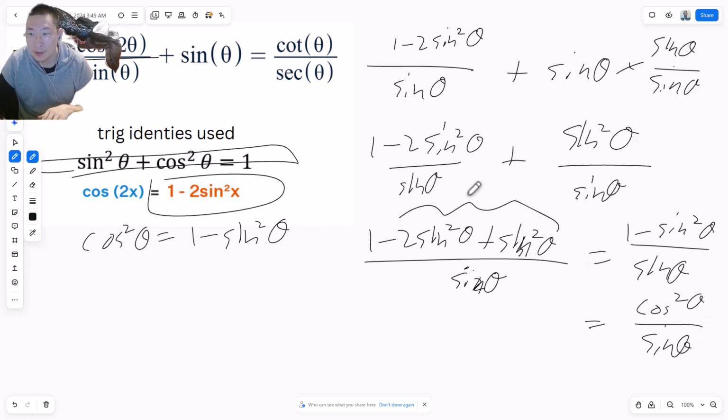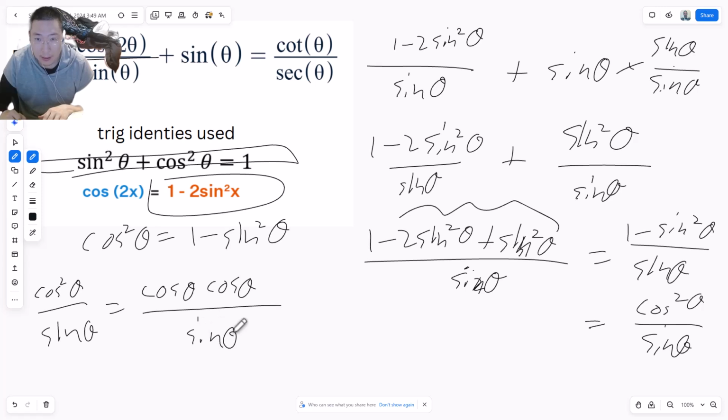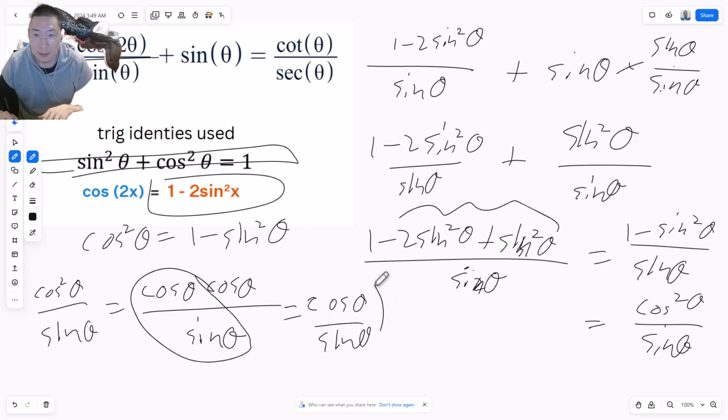Now this can be written as, I'm just going to start right over here again, cosine squared theta over sine theta is equal to, if we separate the cosine squared theta into two cosine thetas, basically we have cosine theta times cosine theta all over sine theta. Now that we have this, we can separate this part, so that becomes cosine theta over sine theta multiplied by cosine theta.